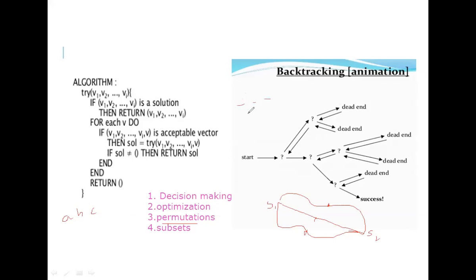First we take A as the first one, then B as the second one, then C as the third one. If you want A as the first one, then we have two permutations, AB and AC. If you consider AB, then you have the permutation ABC. Then for AC, you have ACB. So in this way, you find the permutations by using backtracking.